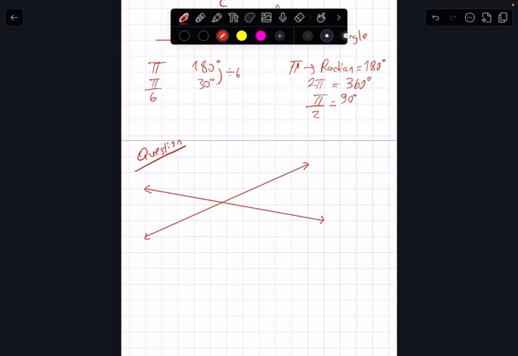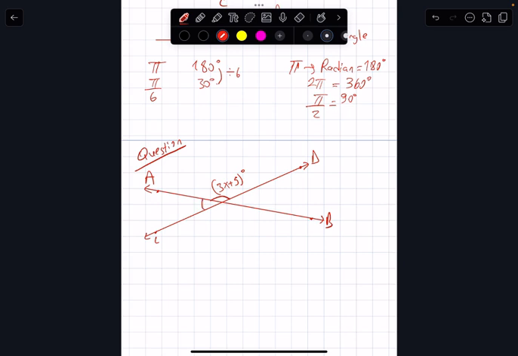So yeah, that's that. Okay, let's say this is point A, B, and these are points C, D. We have 4 points like that. Now let's talk about the angles. This angle, let's call it 3x plus 5 degrees.